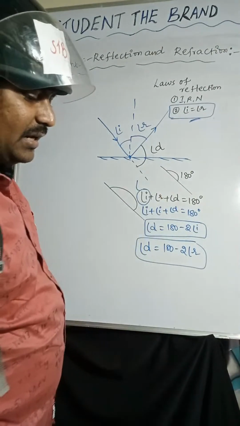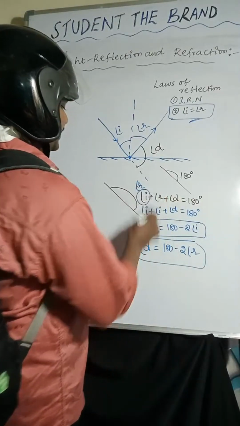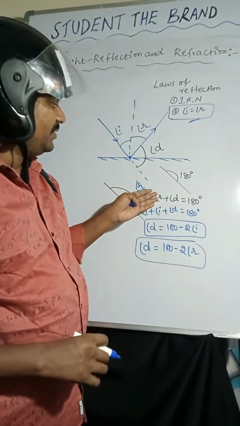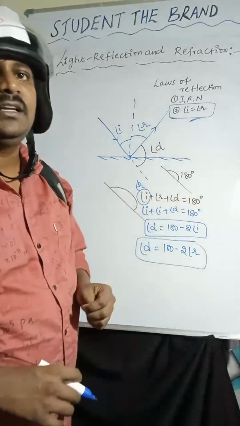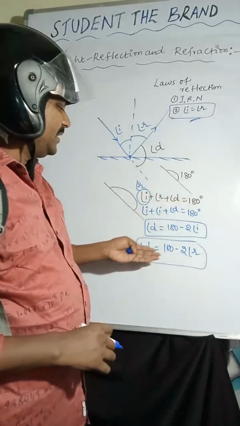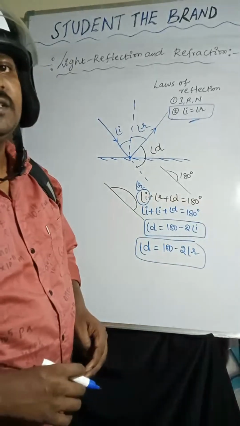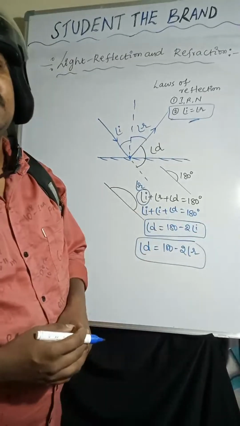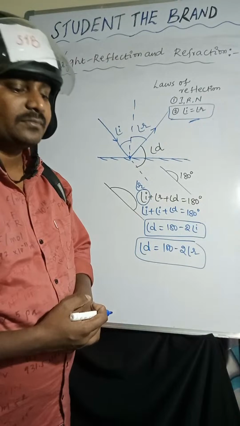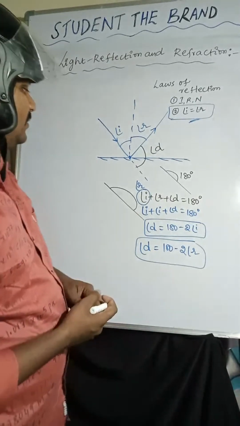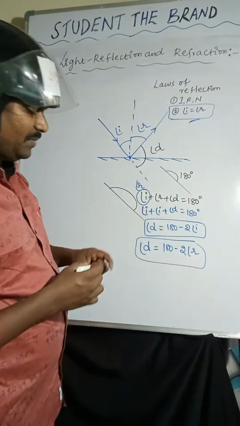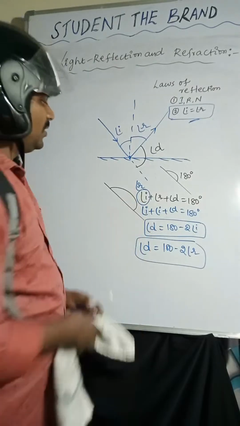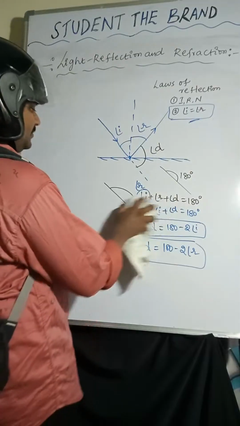So angle of reflection plus angle of reflection plus angle of deviation equals 180 degrees. So angle of deviation equals 180 minus 2 angle of reflection, and also 180 minus 2 angle of incidence. I hope it is very clear, right? So this is the angle of deviation formula.